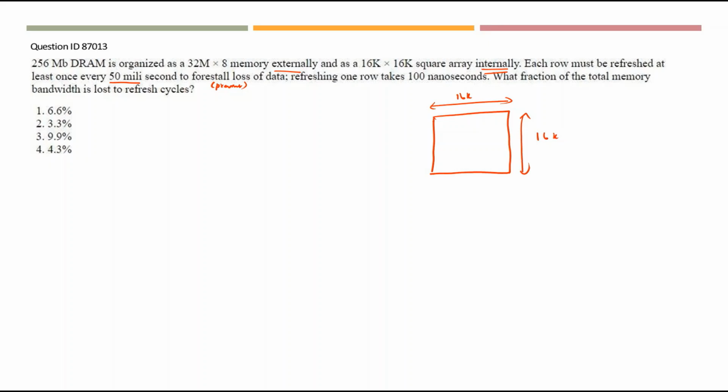Rows are refreshed once in 50 milliseconds. Refreshing one row takes 100 nanoseconds. So just consider them to be an array. You can understand the row and the column format. So this will be 1, 2, 3, 4 columns and this will be the rows. So you have 16K rows. So refreshing 16K rows will take 16K into 100.